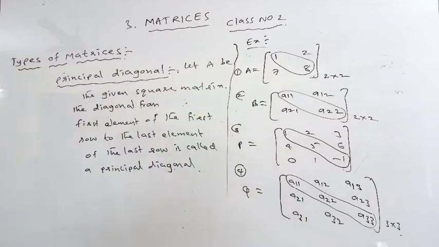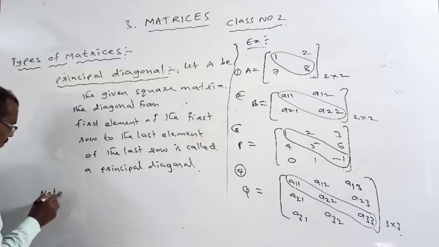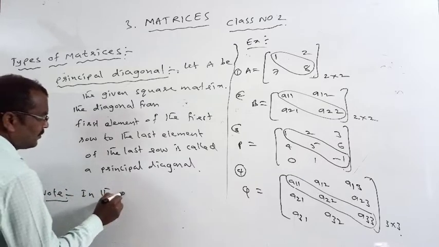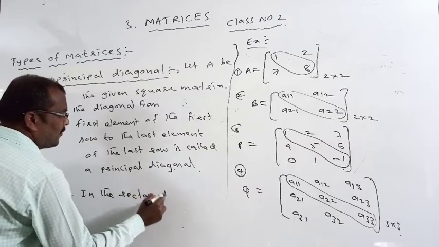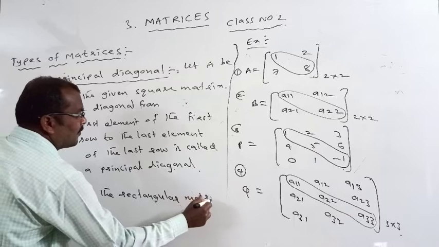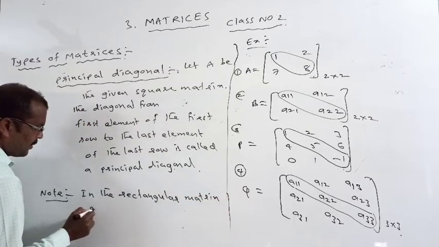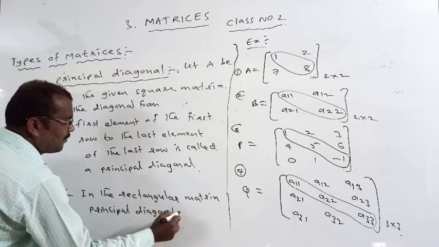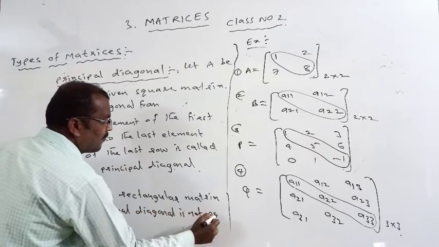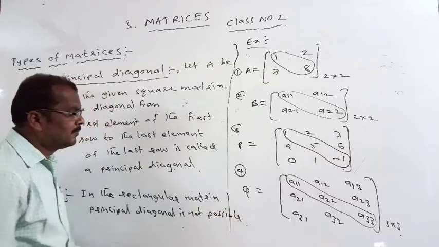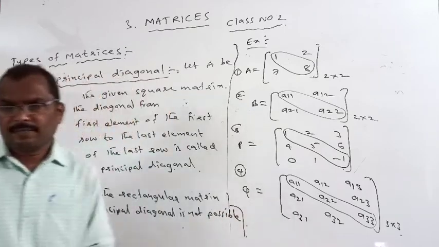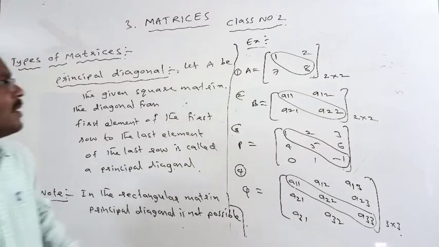In a rectangular matrix, the principal diagonal is not possible. Write the examples.